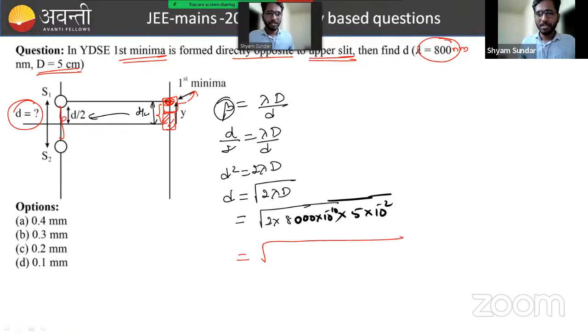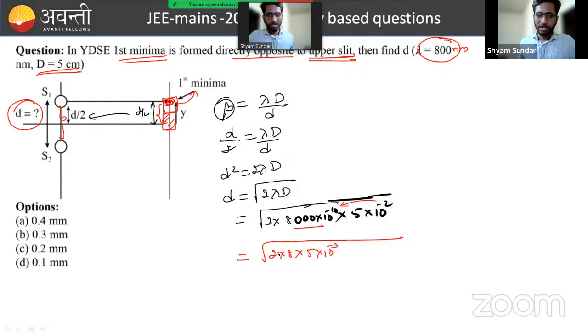Next, the 3 zeros, if you shift them here, it becomes minus 7. Then this 2 is added here, meaning minus 9. Hence, we can write 2 into 8 into 5 into 10 to the power of minus 9.